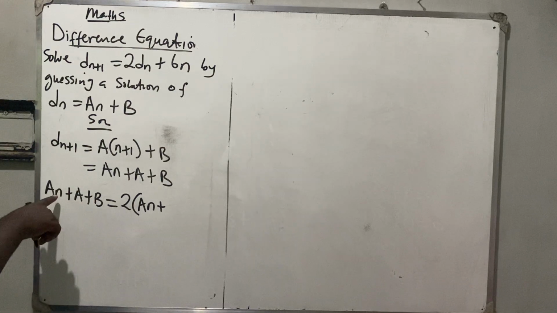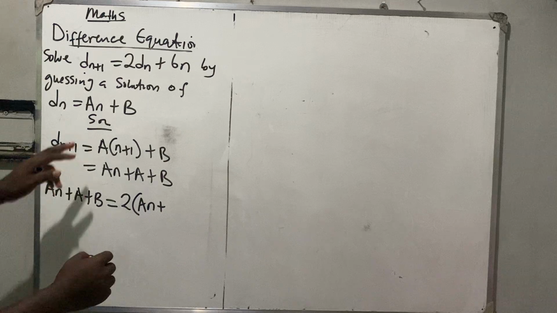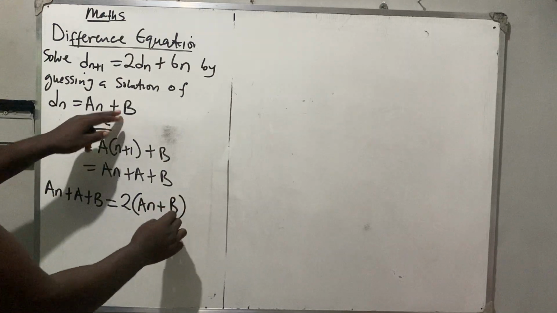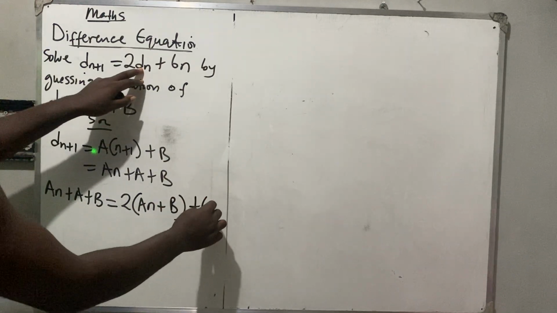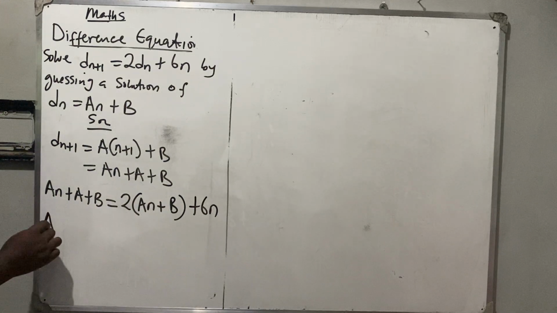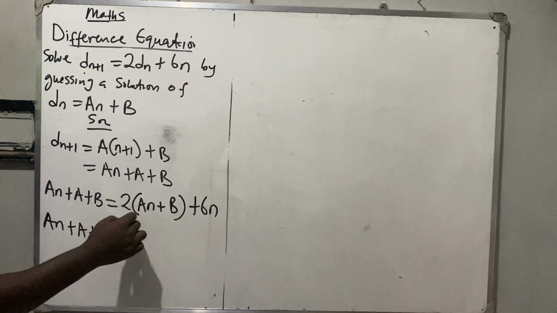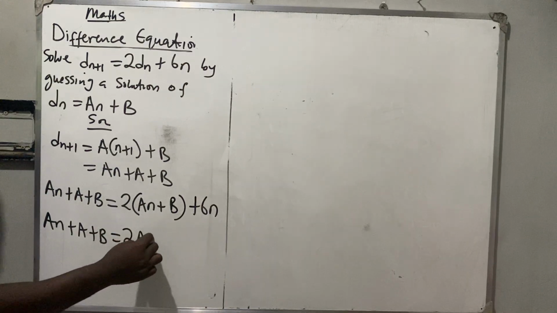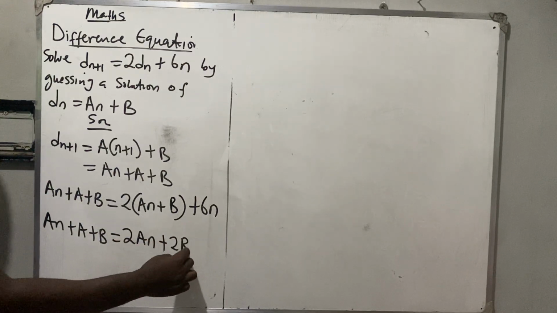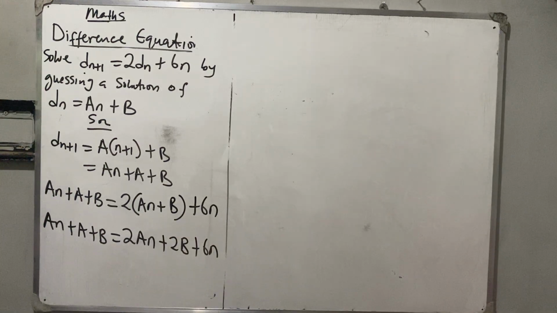It's a normal a times n. So now open the bracket there. You have an plus a plus b is equal to 2an plus 2b plus 6n.